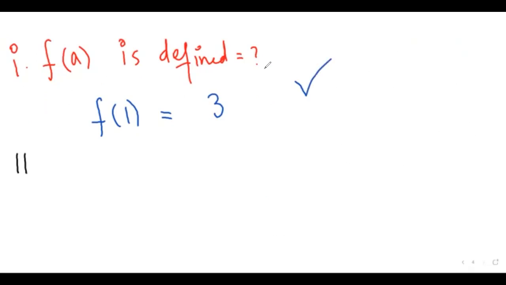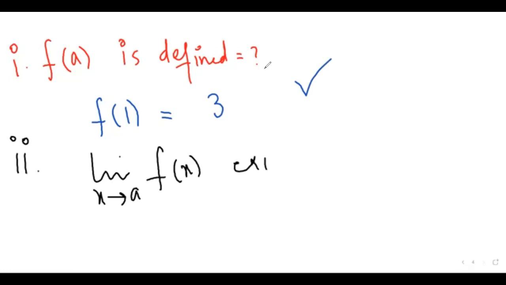We are going to move to second condition to check whether limit x approaches to a exists or not.